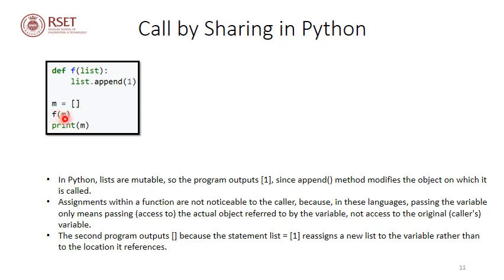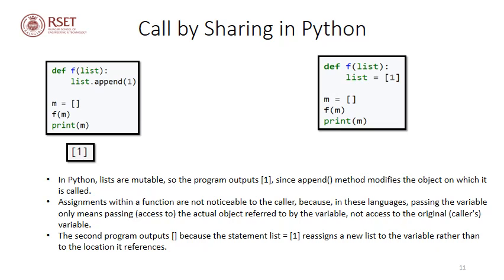Since lists are mutable and since we are using the method append to make changes to this list object, it will be reflected back in the main program, and this print statement will print the modified value, that is the list containing value 1 as the output.